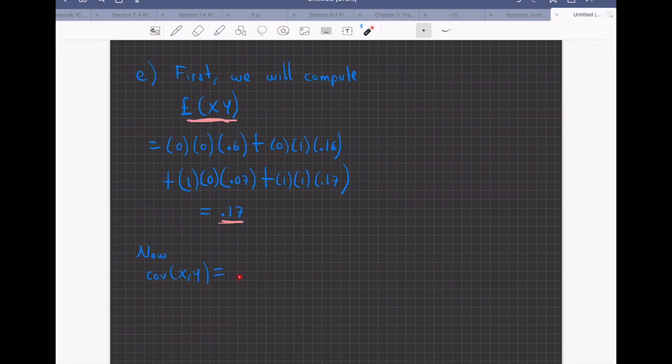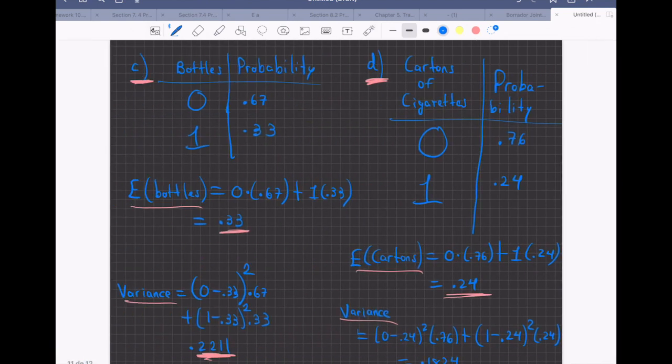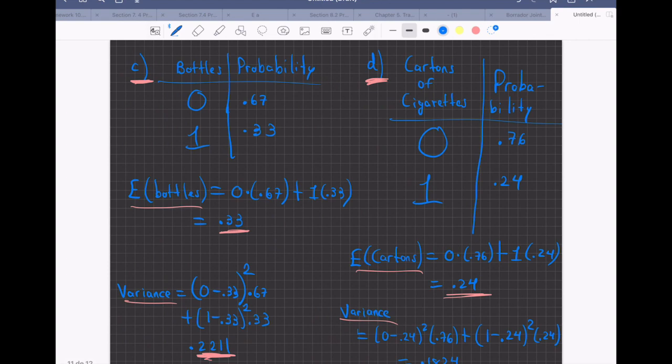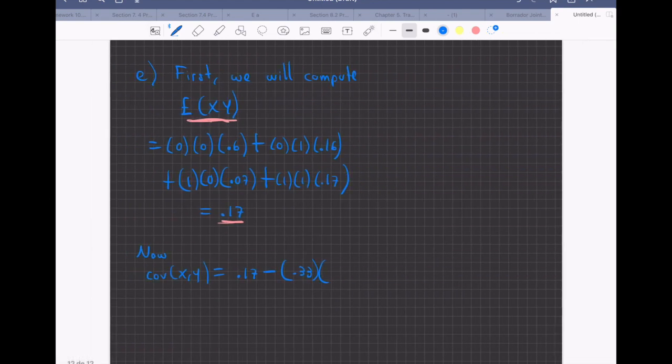So it's going to be 0.17 minus the mean of x, or bottles in this case, that is 0.33, times the mean of y, cartons of cigarettes, that is 0.24. If you do this, you will get 0.0908.